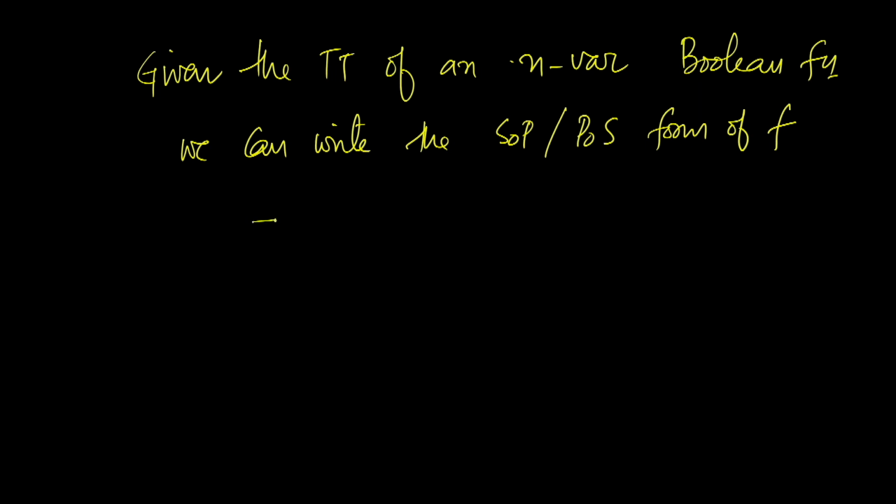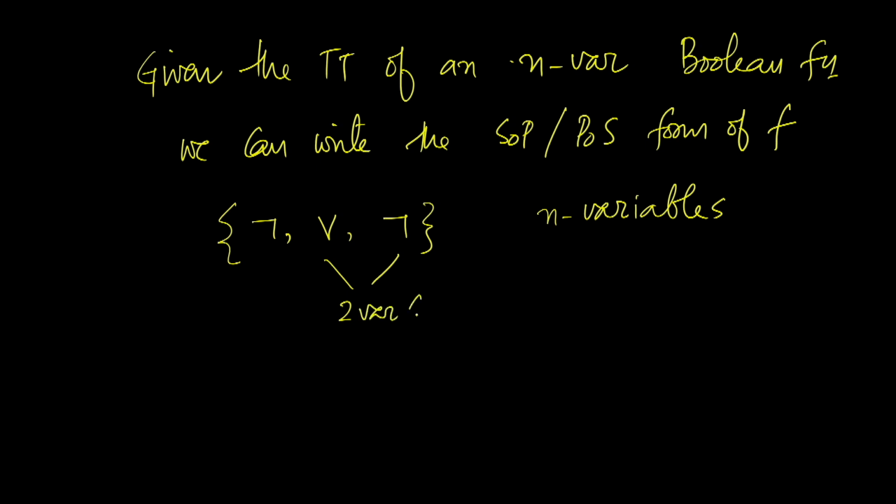these Boolean connectives, negation, or, and, in addition to the variables of the expression. So the sum of products form or the product of sums form will use these n variables along with these connectives. Here and or are two variable Boolean connectives, whereas negation is a one variable Boolean connective.